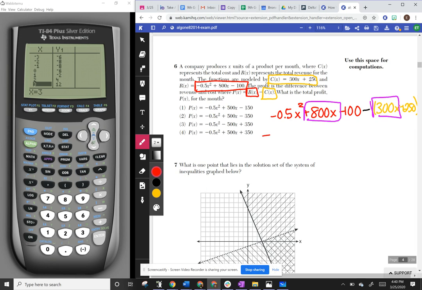We're going to be left with negative 0.5x squared. 800x minus 300x gives us 500x, and that's still positive. And then we're going to subtract 100, so negative 100 minus 250, and we're going to get negative 350 there, giving us our answer choice of 2.